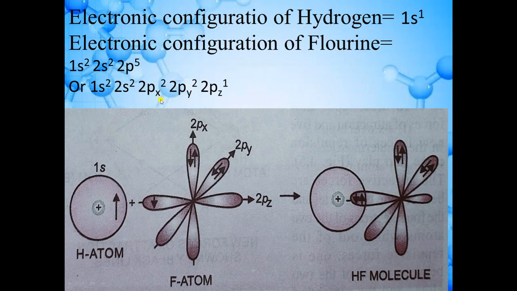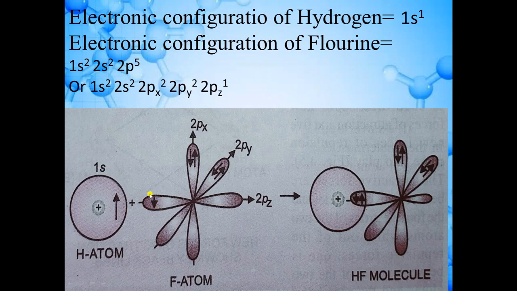In the 2px orbital, 2 electrons are present, so you will represent the electrons with opposite spin. In 2py also 2 electrons are present, so you will represent 2 electrons here with opposite spin. And in 2pz, 1 electron is present, so here we will represent the electron.